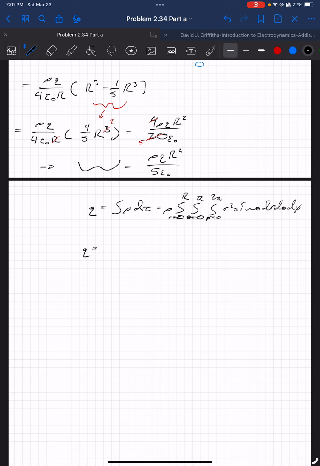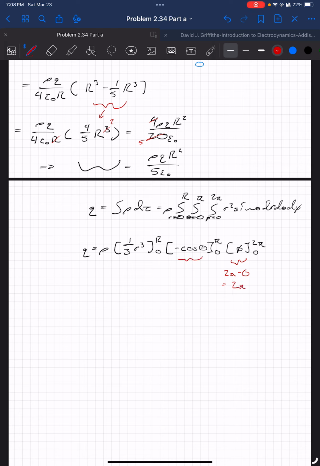Q is equal to rho multiplied by 1/3 r cubed from r to 0, negative cosine theta from pi to 0, and phi from 2 pi to 0. And this reduces down to 2 pi minus 0, which is equal to 2 pi.